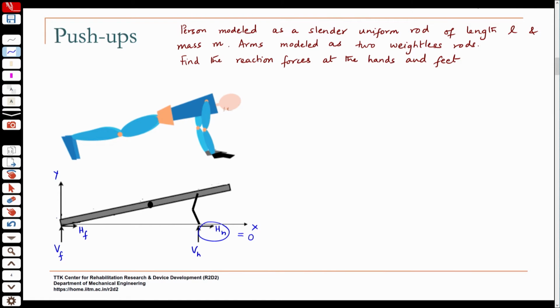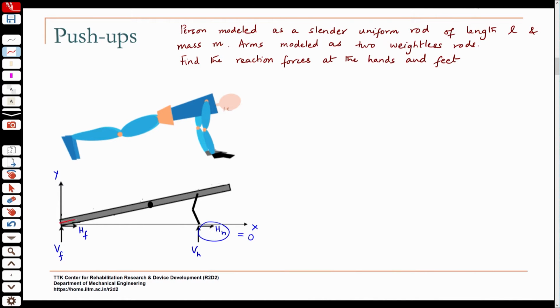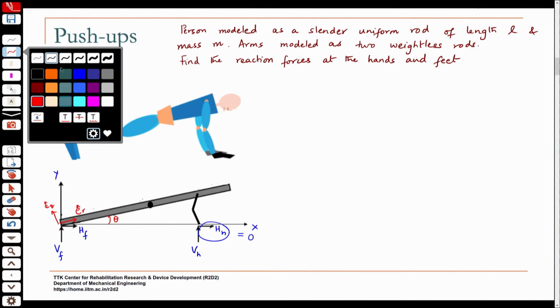So, similar to the analysis we have done earlier, I can choose a more convenient coordinate system E_R, E_theta, say this is theta. And then I can write my equations.